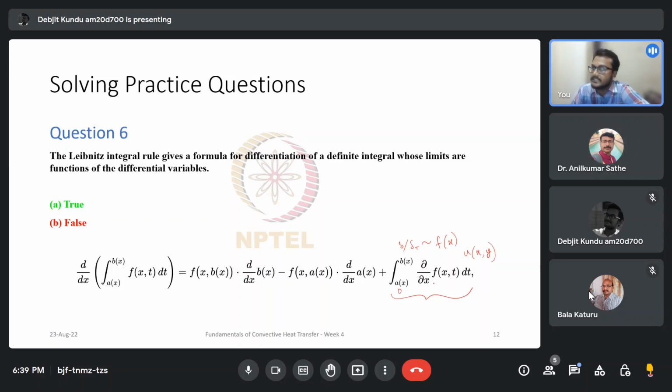Here the second independent variable is t, but it could be y. What we want is to reach this left hand side, where we can take the differentiation out of the integration. But in order to do that, we need to make sure that these terms are taken care of. So the Leibniz integral rule allows us to do that.